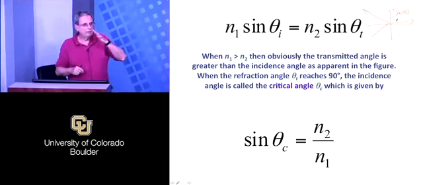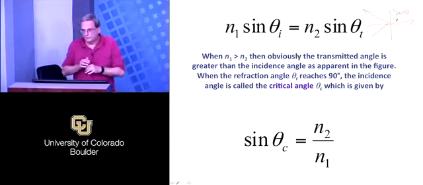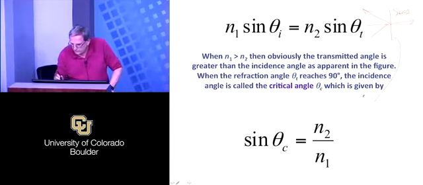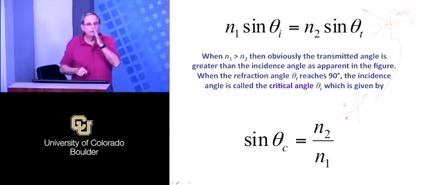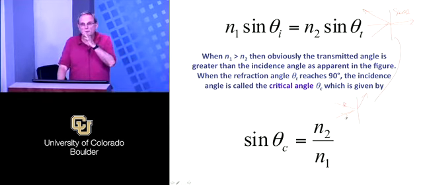If you go into a higher index, always the rays will bend towards the normal. But then the converse has to be true. If you're going from more to less, then the rays bend away from the normal. They go at higher angle coming out.